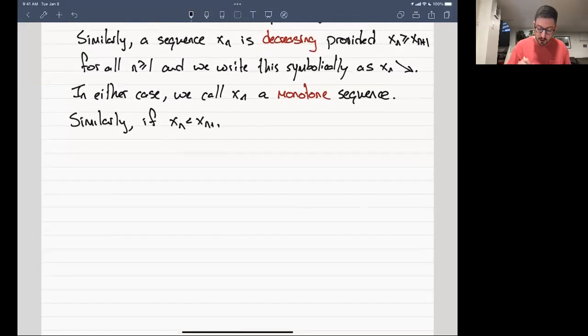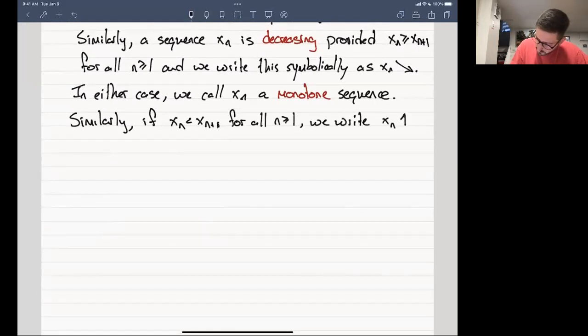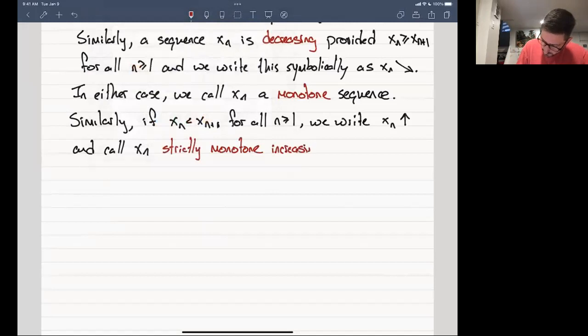But if we say it has to be strictly greater than for all n greater than or equal to 1, we write xn and the arrow is just pointing straight up now. So increasing straight up, and we call xn strictly monotone increasing. So we're sort of combining all of these things together.